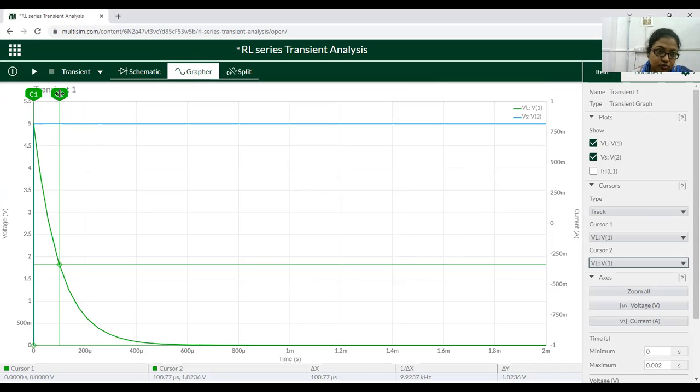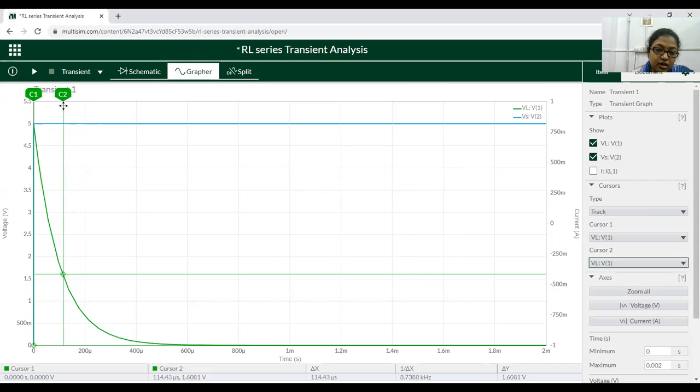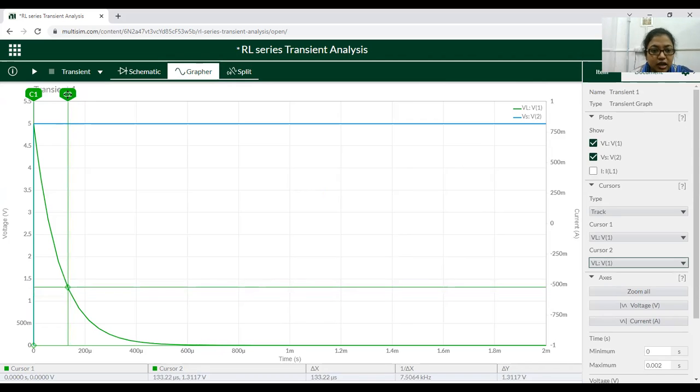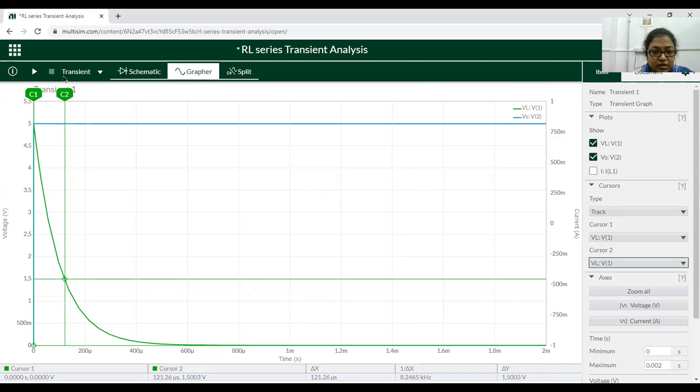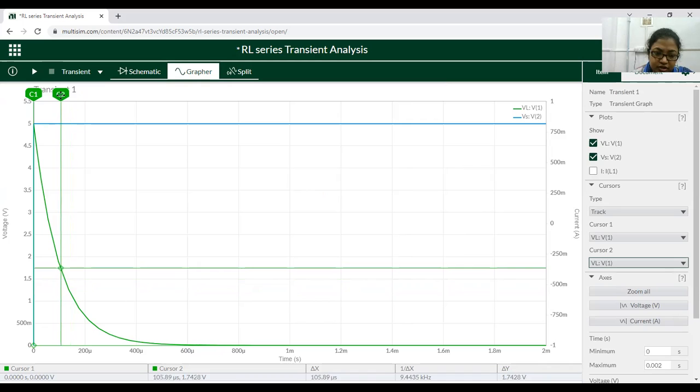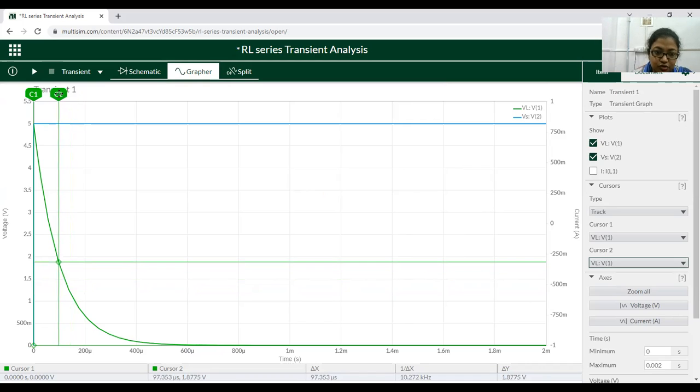If you move the C2 cursor, you will see a value showing. Put it at the correct value and then find the time constant. After finding the time constant, you again have to find the error. That error will show you whether your process is correct or not.